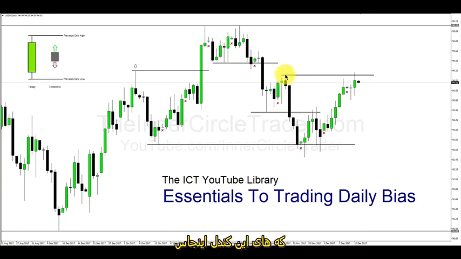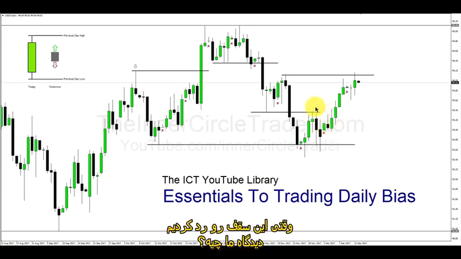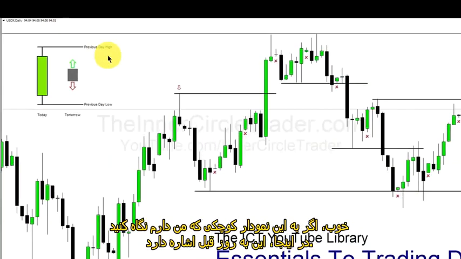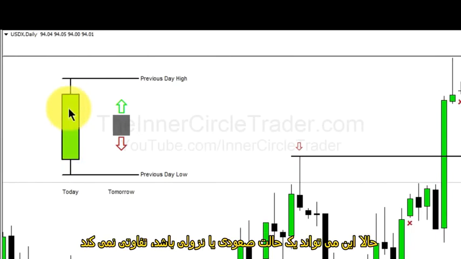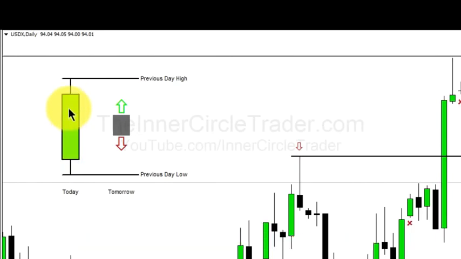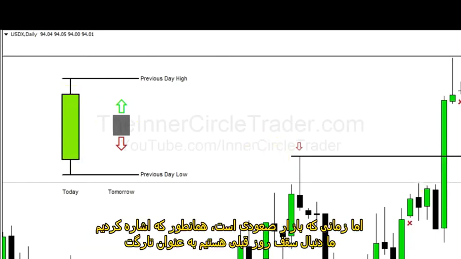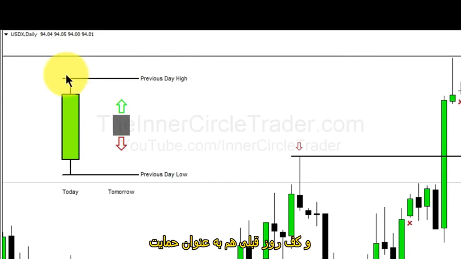That's the high of this candle here. So what do we do at that point? Once we clear this high here, what's the bias? Well, if you look at this little diagram I have over here, this is going to refer to the previous day. Now, this could be a bullish or bearish day. It doesn't make a difference. But when the market is bullish, as we've outlined it over here, we're going to be looking for the previous day's high to be the target, and the previous day's low to be supported.